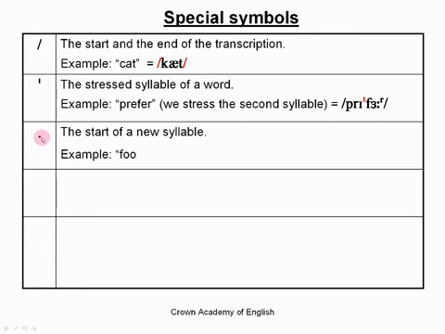This dot symbol shows the start of a new syllable. Okay. Example, the word football has two syllables, foot and ball. And in IPA, we show the start of the new syllable with the dot.